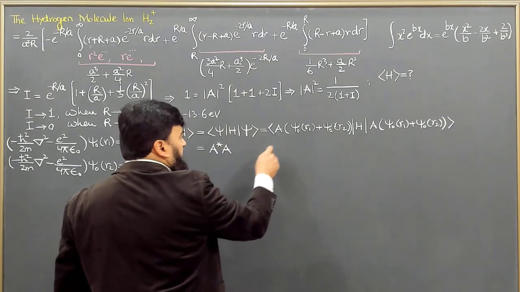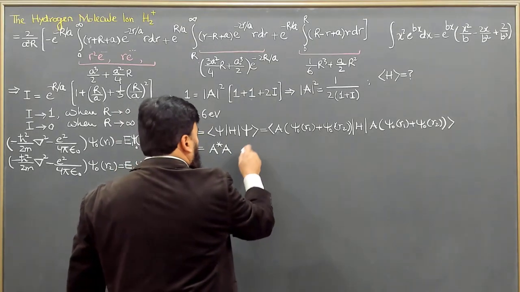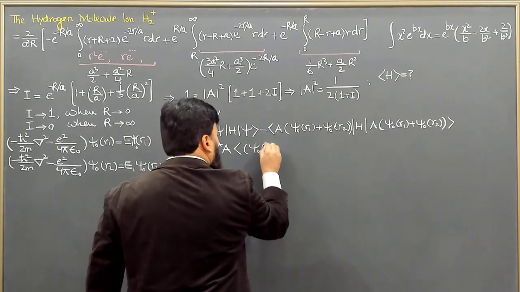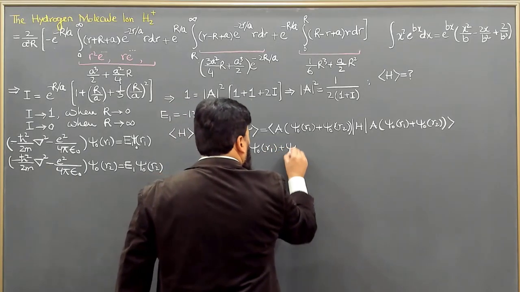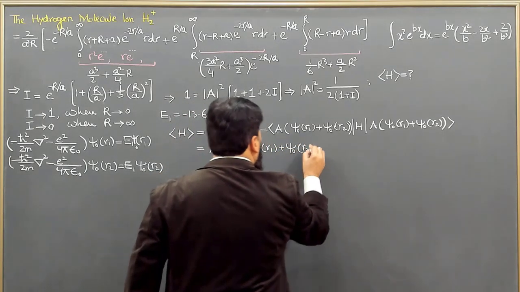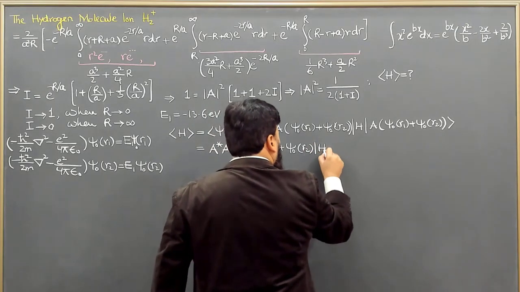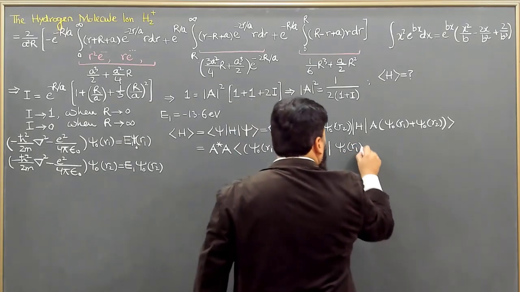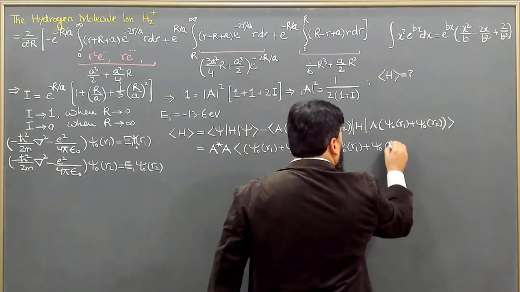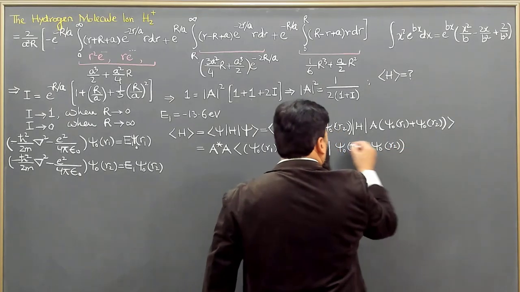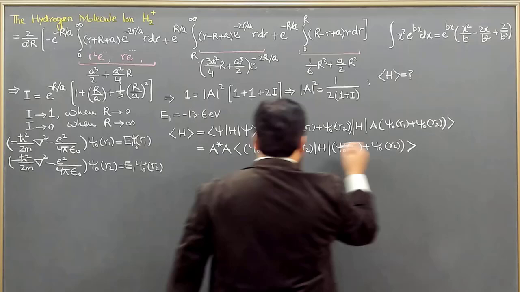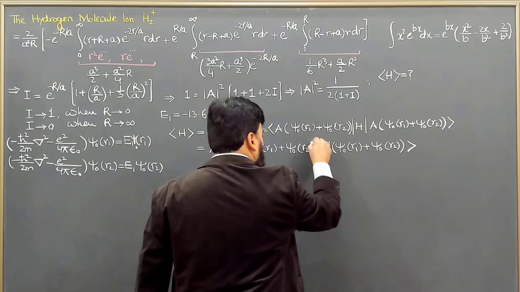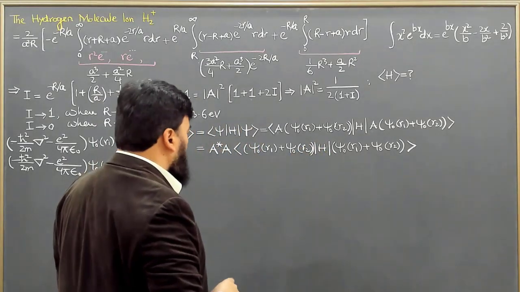When A is out of here, we have psi naught R1 plus psi naught R2, and then we have H, and then again psi naught R1 plus psi naught R2. This is the bracket notation here.